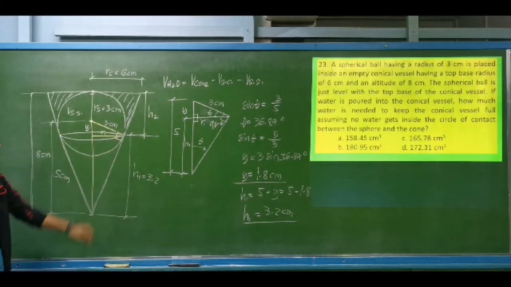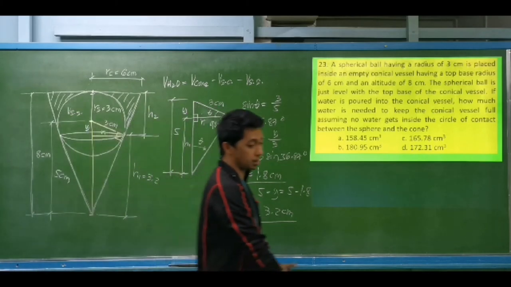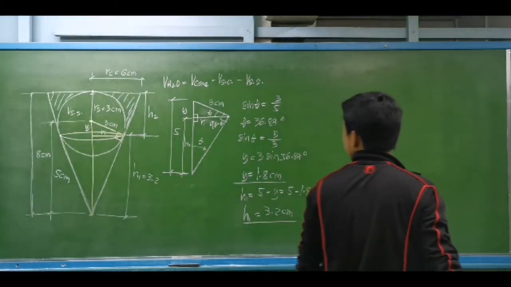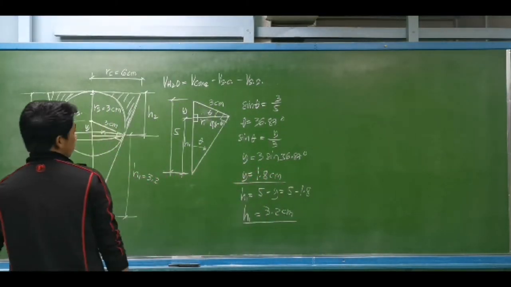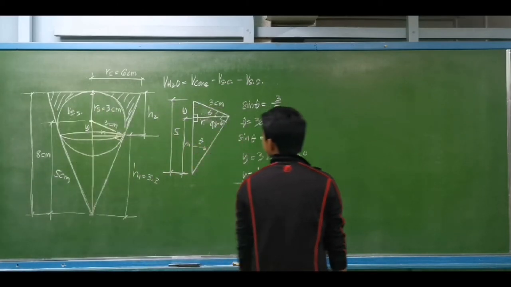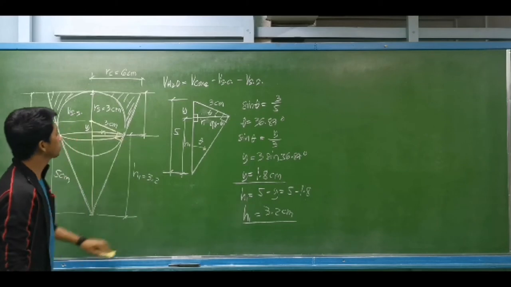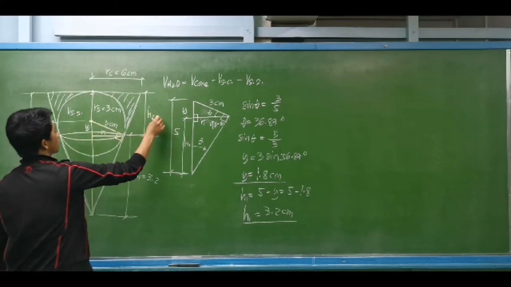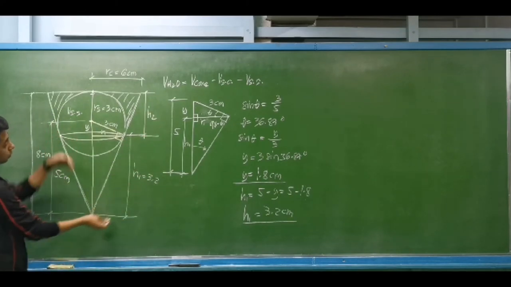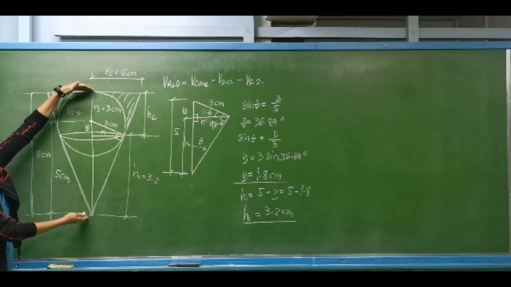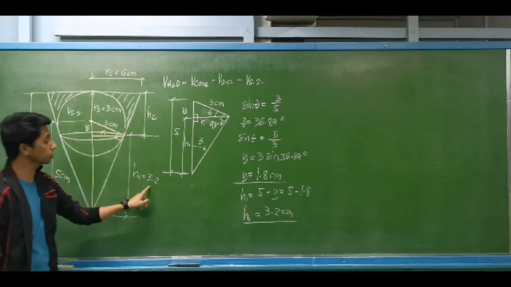Kung 3.2 yan, ano na lang natitirang height pataas? Diba? So, paano natin kukunin si h sub 2? Yung h sub 2 is, kung 3.2 ito, di ba yung total height is 8? So, 8 minus 3.2.